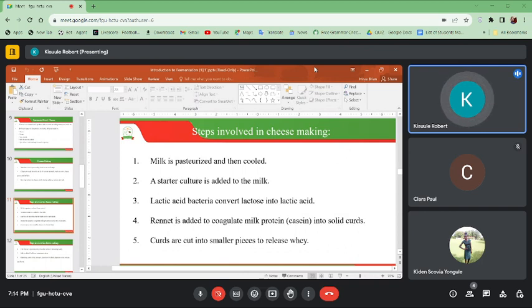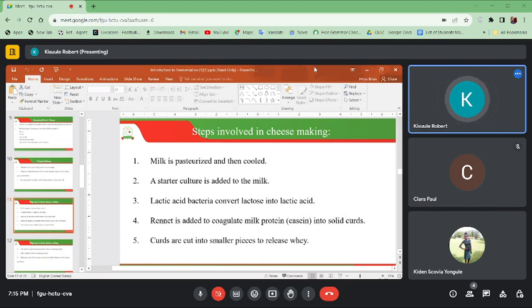The lactic acid bacteria convert lactose to lactic acid. That would always come in handy. Never forget to say that the lactic acid comes from conversion of the lactose sugars found in milk. Then rennet is added to coagulate the milk protein, which we talked of being casein, into solid curds. These curds are cut into smaller pieces to release the whey.